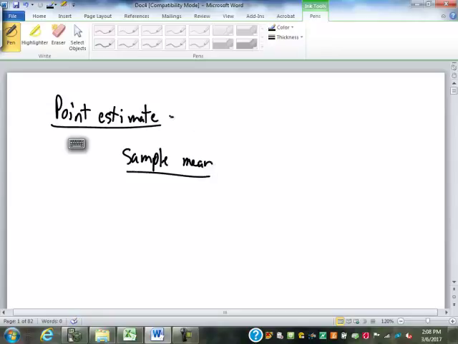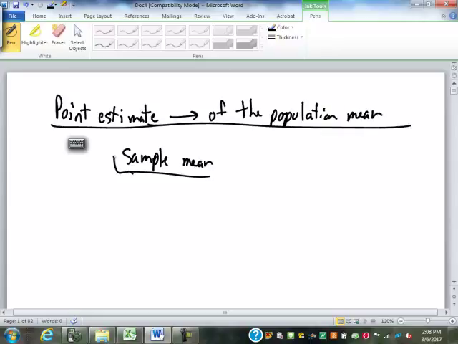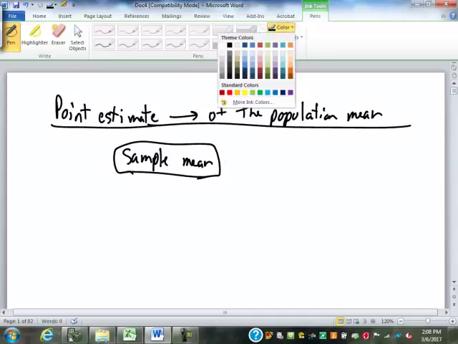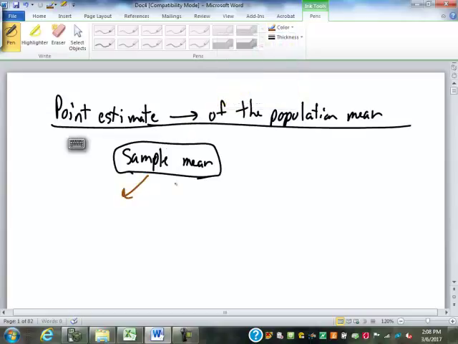What we're trying to estimate with that is the population mean. So we take that sample and we get the sample mean, and we've got reason to believe that the population mean should be close to that, but it's obviously not going to be exactly that. So what we do is we expand that to make an interval. It's a confidence interval.